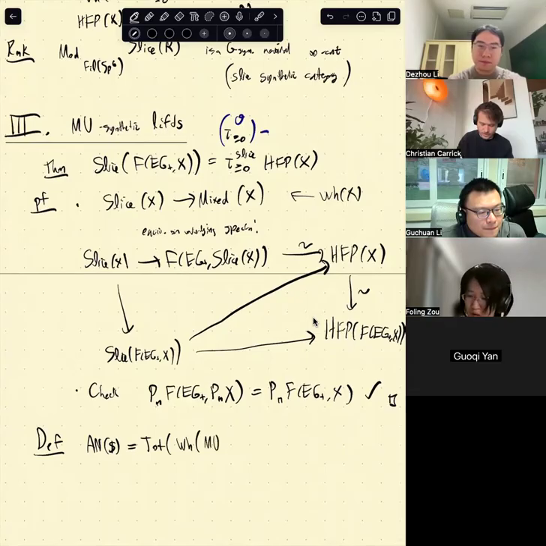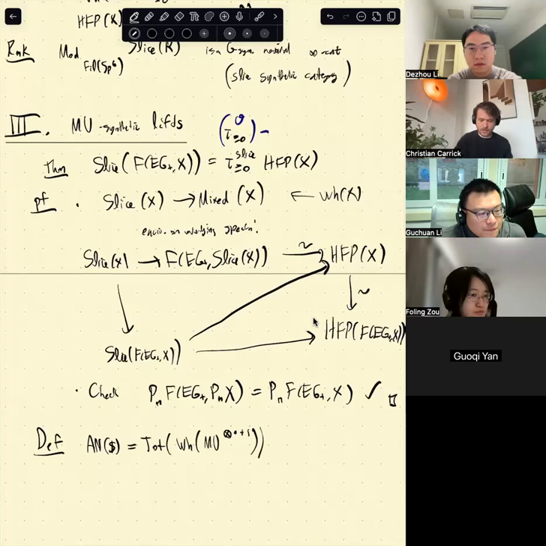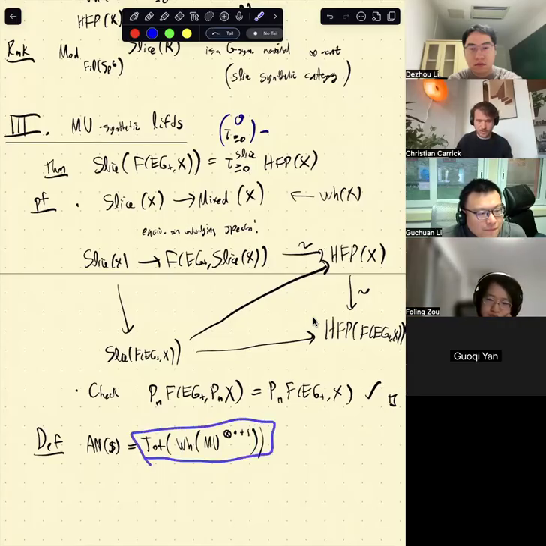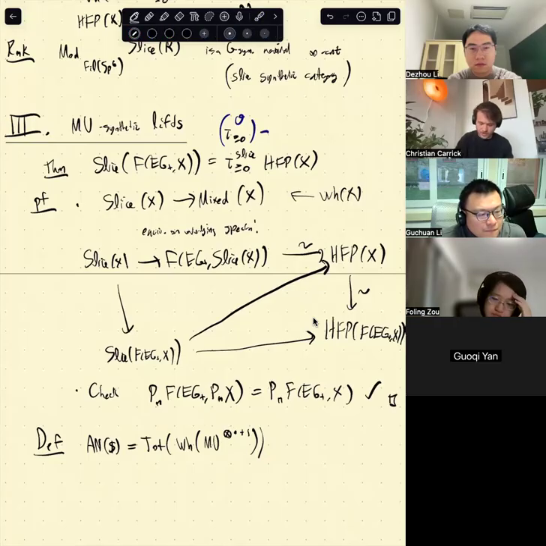So what I do is I take the MU cobar complex, I apply the Whitehead tower functor to it pointwise. That gives me a cosimplicial filtered spectrum. And then I take Tot of that. Okay, so this is this décalage definition. And this gives me a commutative algebra filtered spectrum.